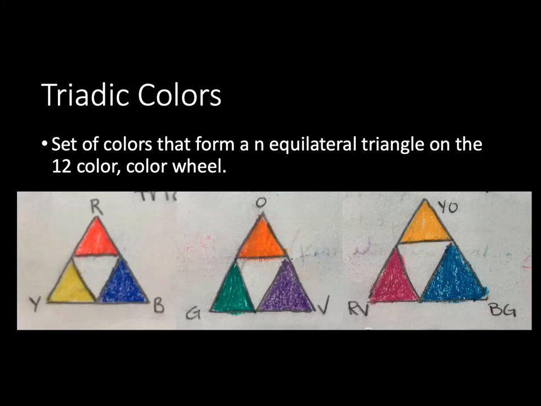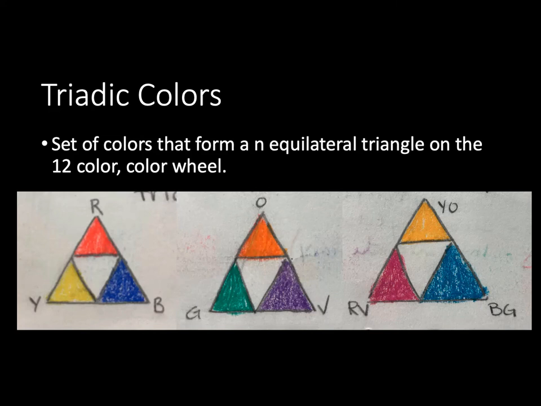So when you drew out that color wheel yesterday, we drew a triangle between the red, the yellow, and the blue, an equilateral triangle that was formed between the three primary colors. So the primary colors themselves are a color scheme, but they also fall into the category of being a triadic color scheme. Same thing with our secondary colors.